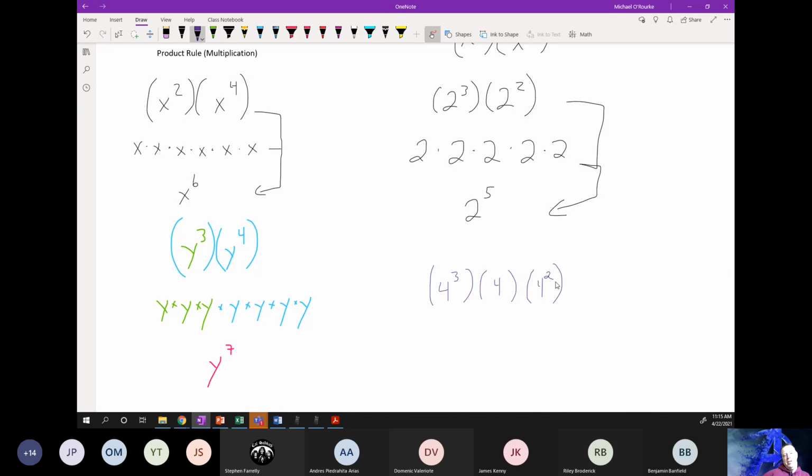Good. Olivia had a suggestion there. You add the exponents. So if you look here, 2 plus 4 is 6. 3 plus 2 is 5. 3 plus 4 is 7. Okay.